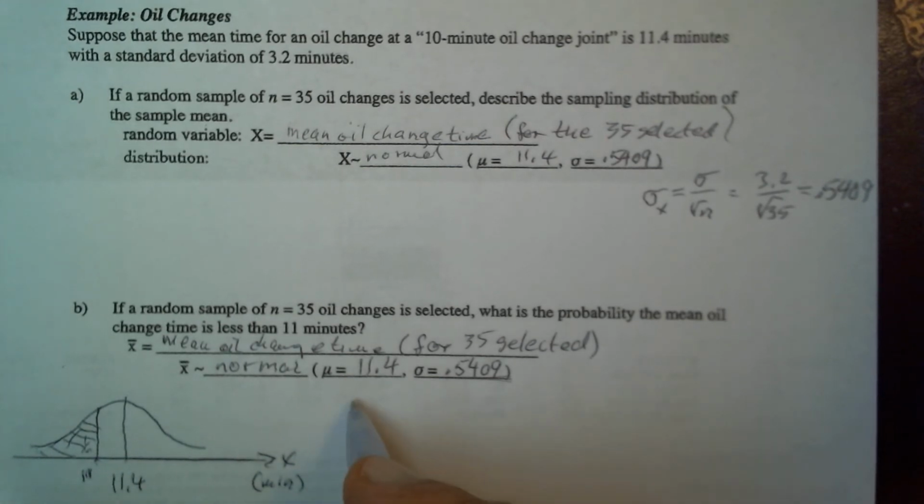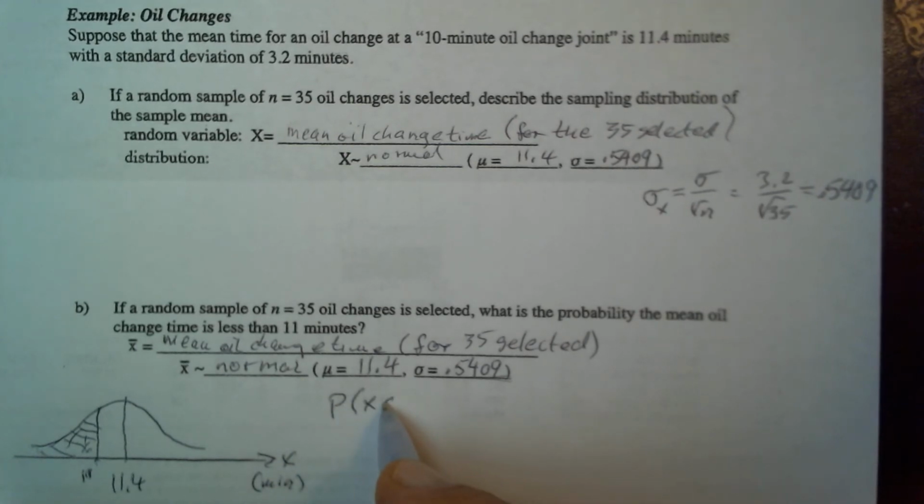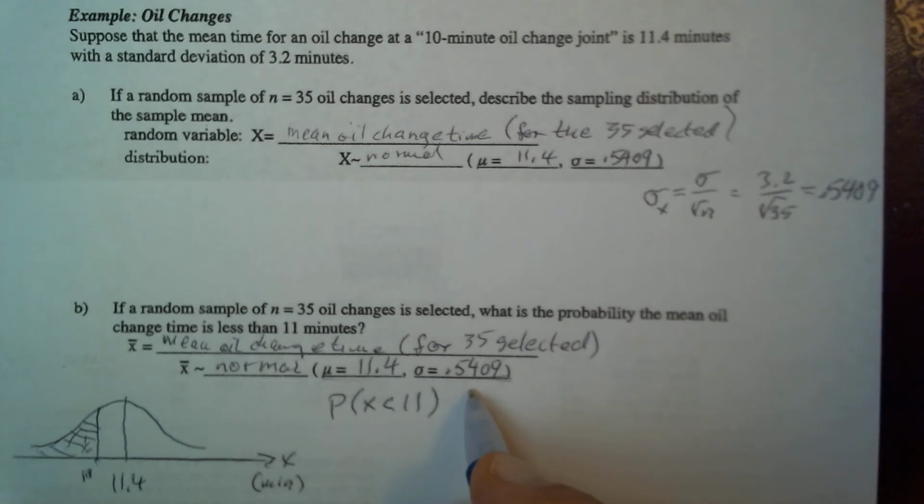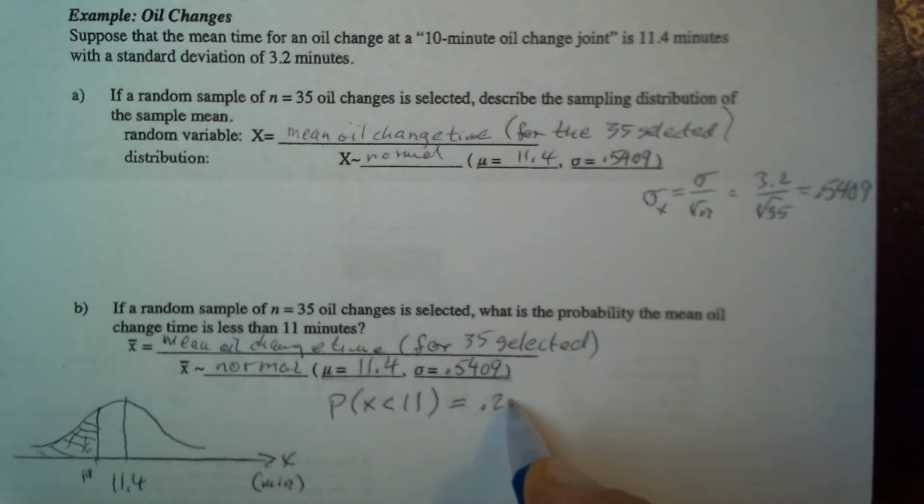So if we use technology, we ask, what is the probability of x being less than 11 minutes, given the mean being 11.4 and the standard deviation is 0.5409, and that turns out to be 0.2298, or about 23%.